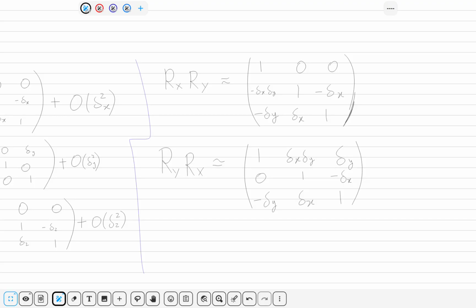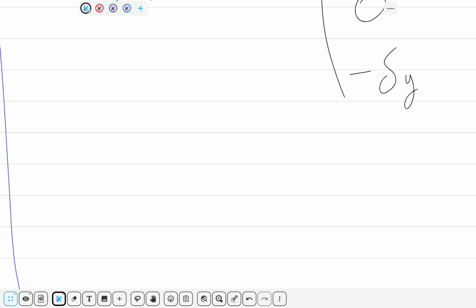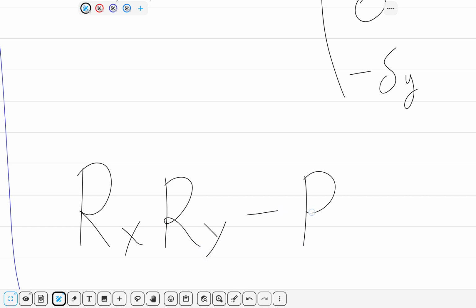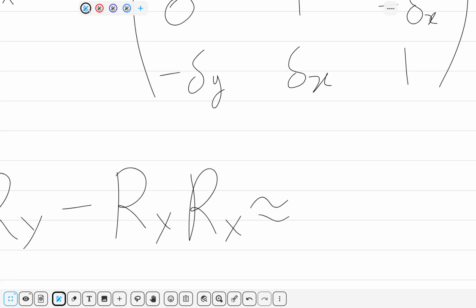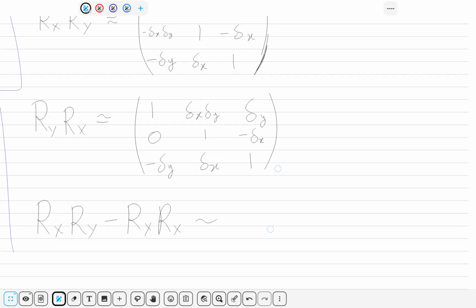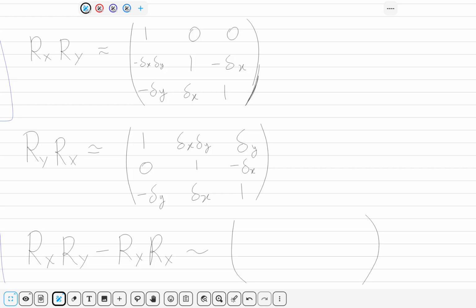So when I subtract this, so if I take the difference of this, I would approximately get, not approximately, equality, but this equality is of approximations.